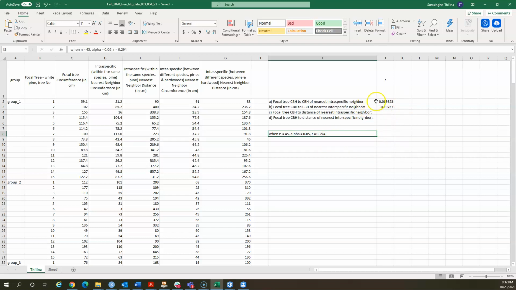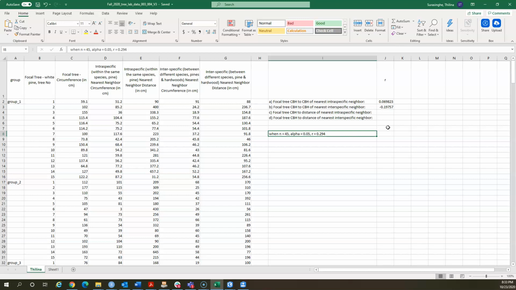Now again, when you compare, disregard the sign, right? You might argue that minus 0.19 is lower than a positive value, but no. When you compare the tabulated R or this threshold R with calculated R, disregard the negative sign, okay?